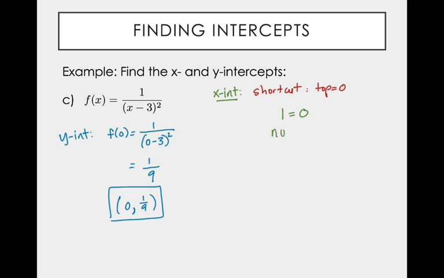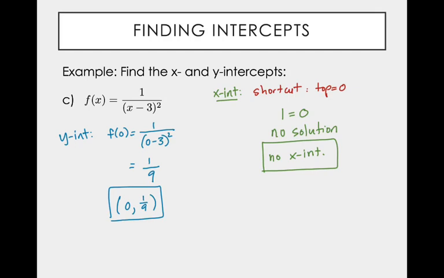It has no solution. What that means is that this function has no x-intercept. That's okay. It just doesn't have an x-intercept, but it does have a y-intercept. And again, we can always graph these on Desmos to make sure that they make sense.